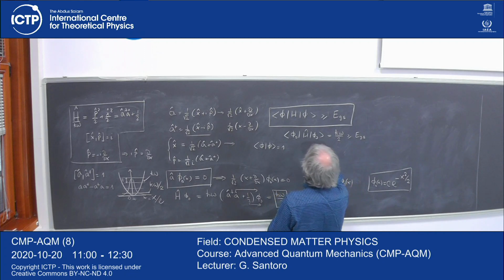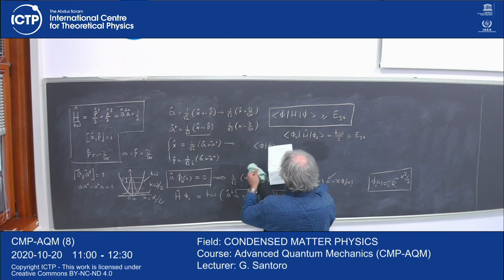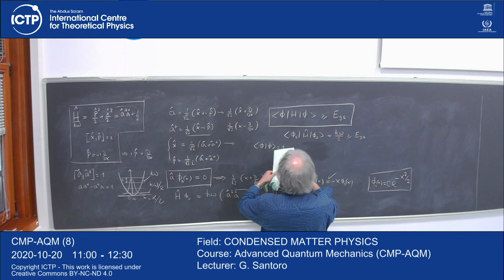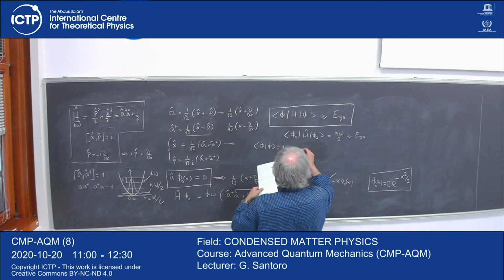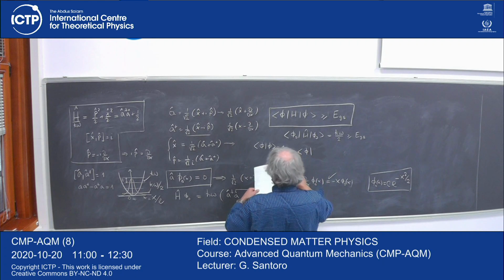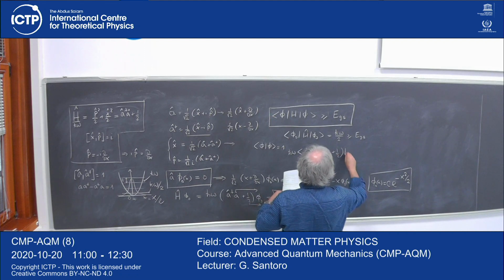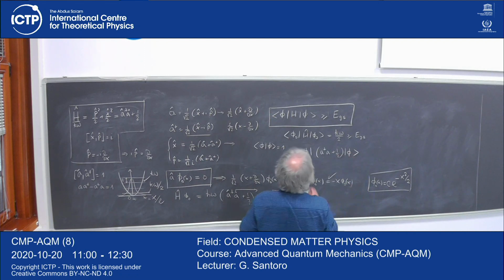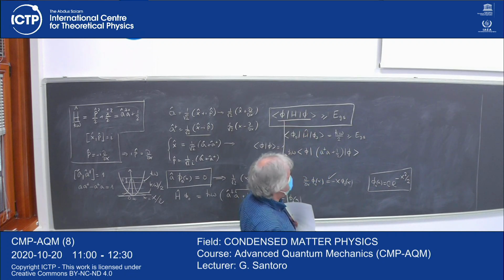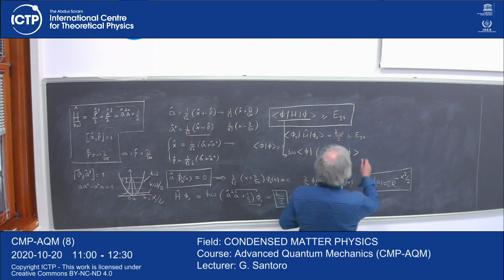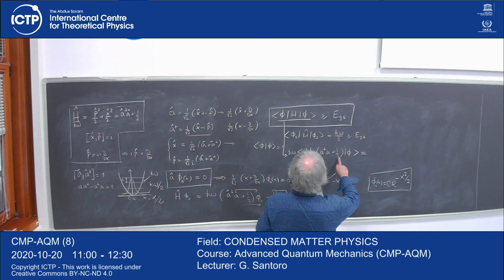Let's see why. Let's consider this quantity here. It is equal to, I will write it again, phi, then I have h bar omega, then a dagger a plus 1/2, phi. This is the Hamiltonian. This is this quantity here. Is it clear? Okay, good. One term is this 1/2 here.